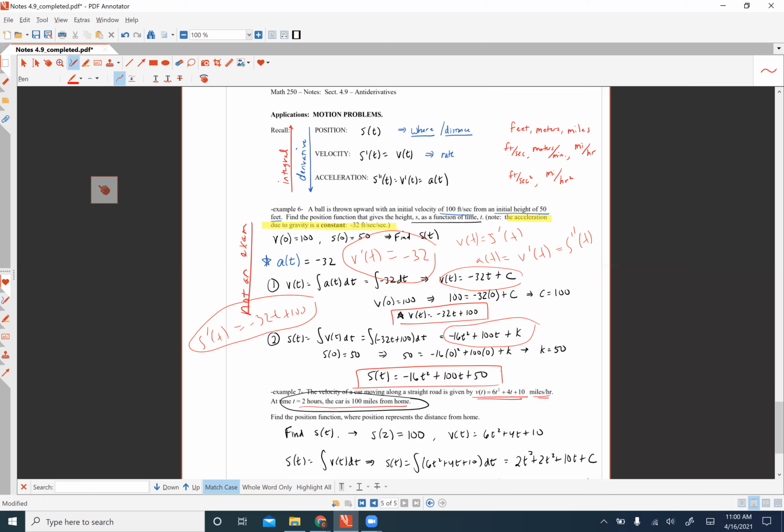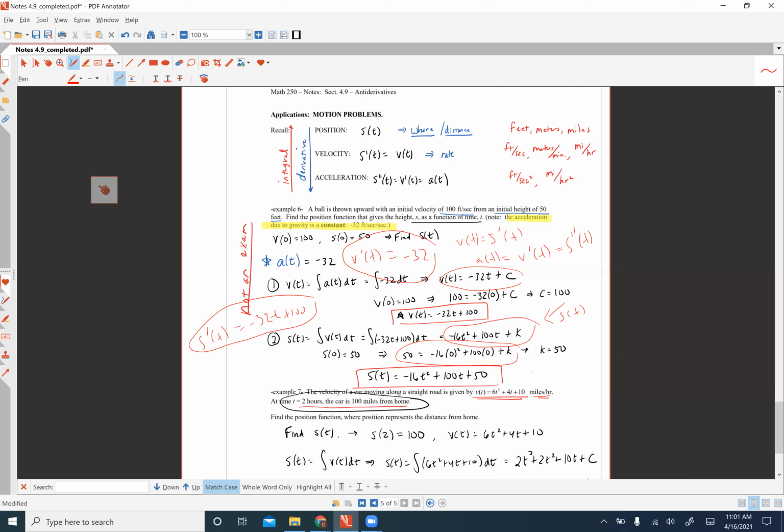Except we're given the initial position. We're told that at time equals 0, the position is 50. So here's s of t, and we know that s of 0 is 50. You just solve this equation: 50 equals minus 16 times 0 squared plus 100 times 0 plus k.